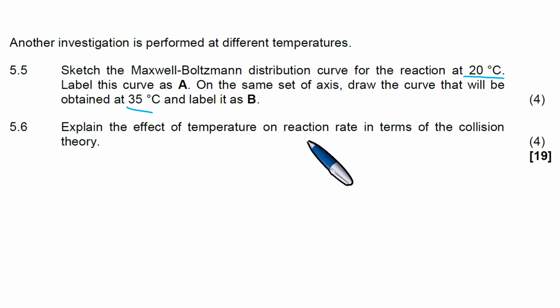Label it as B. So another investigation is done, but at different temperatures. So what we need to do is sketch the Maxwell-Boltzmann distribution curve for the reaction at 20 degrees Celsius, label it A, and on the same set of axes draw the curve obtained at 35. So yeah, we have those two temperatures, 20 and 35.